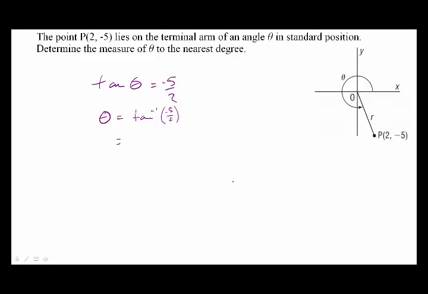And what do you have to make sure your calculator's in? Degrees. Oh, bugger. Mine's not again. There we go. Tan inverse of negative 5 over 2 equals negative 68.2 degrees. Yes, of course. You don't need that. Okay.